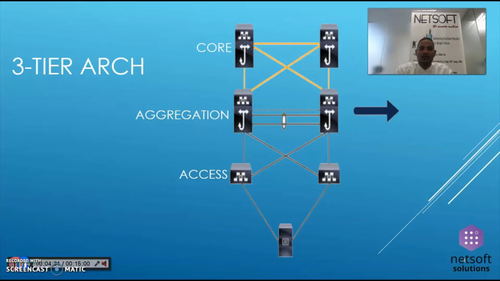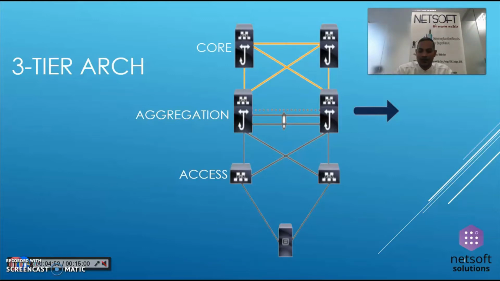The aggregation or distribution layer is used for quality of service and basic routing, and the core is used to control the control plane of data and management of the data. So those are the three levels we have in the three tier architecture.